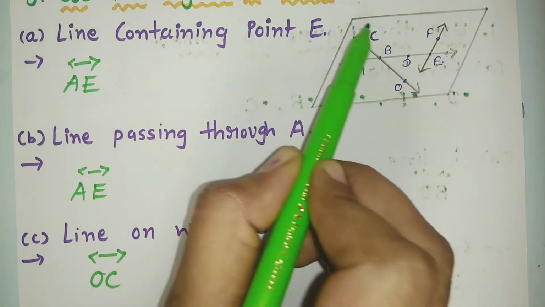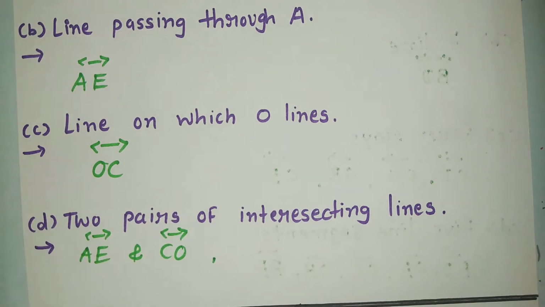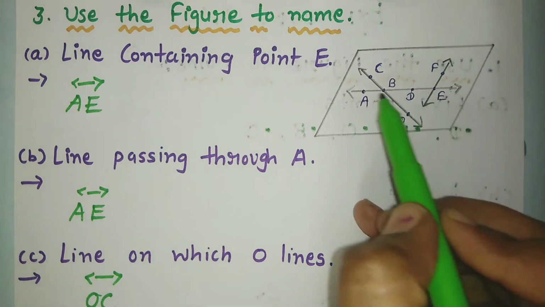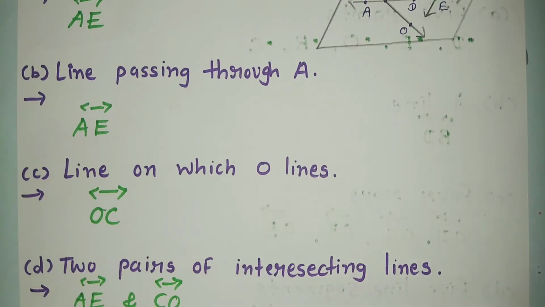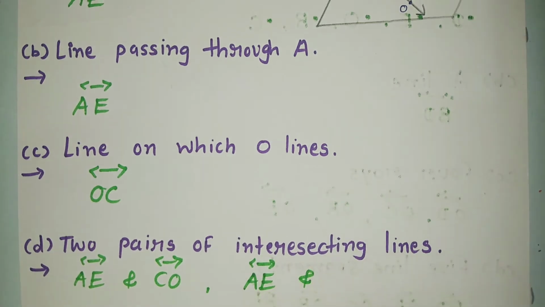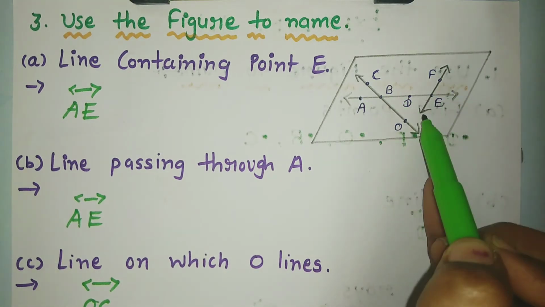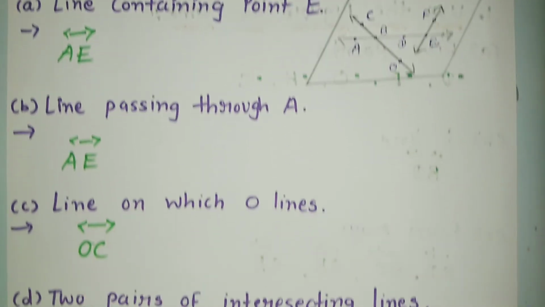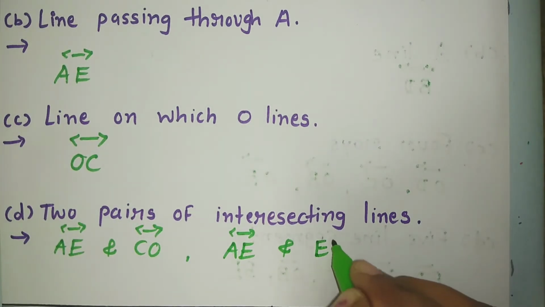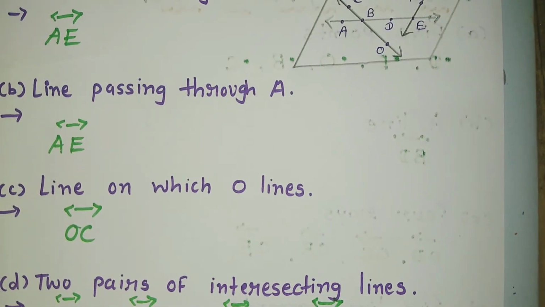CO. So AE and CO. Next, AE and EF. AE and EF are also intersecting at this point. So the question number 3 is done. Here we just have to look at the figure and give the answers to the questions.